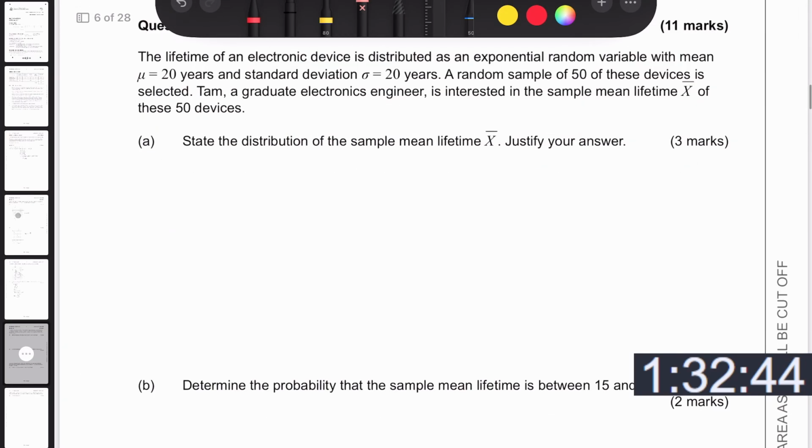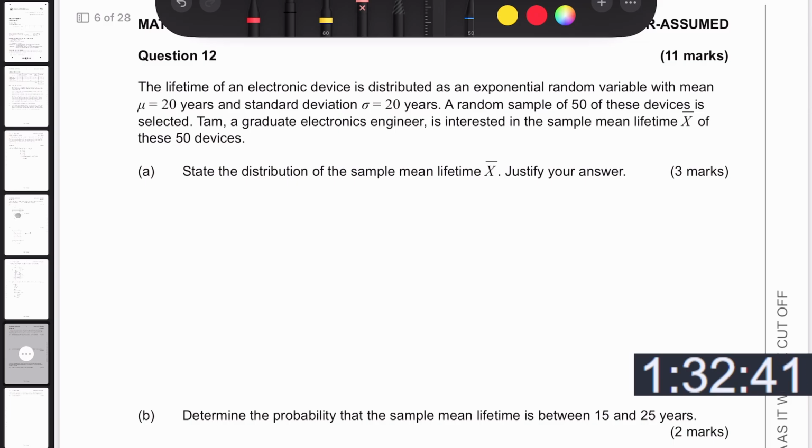The lifetime is distributed as an exponential random variable with a mean of 20 and standard deviation of 20. A random sample of these devices is selected. State the distribution of the mean lifetime. Justify my answer.